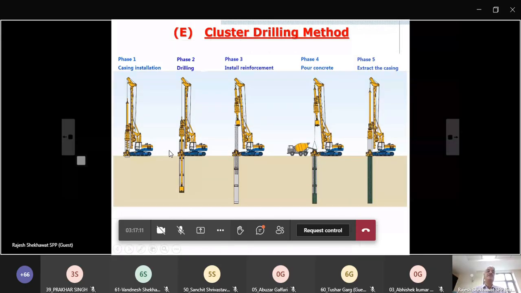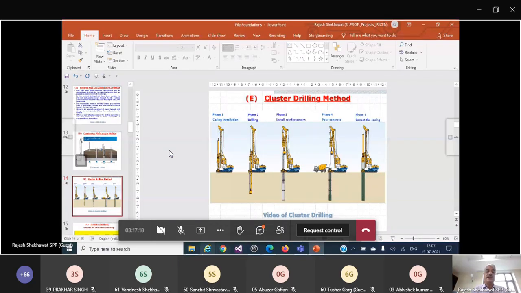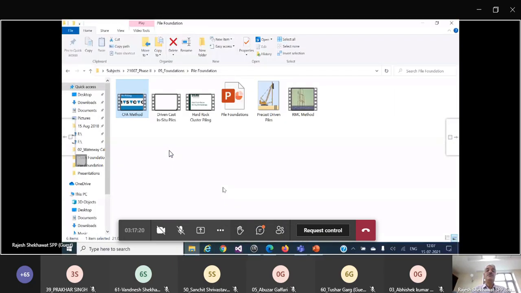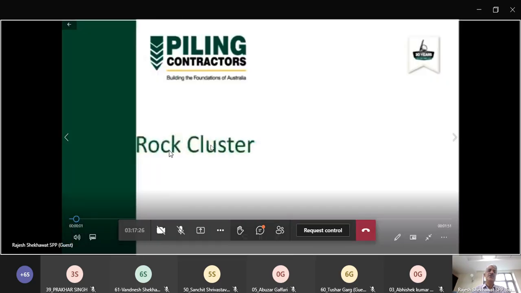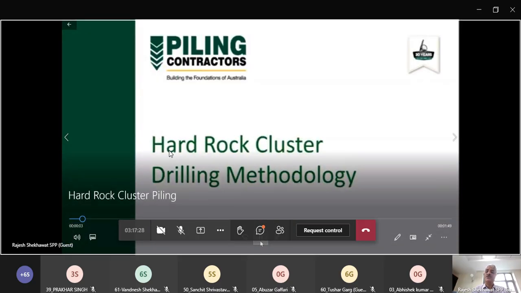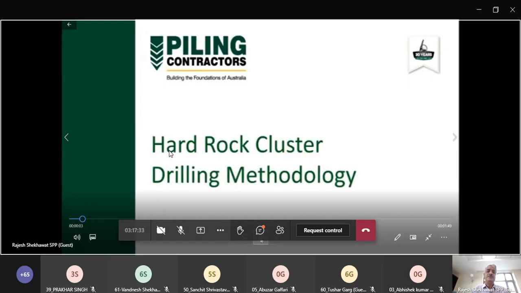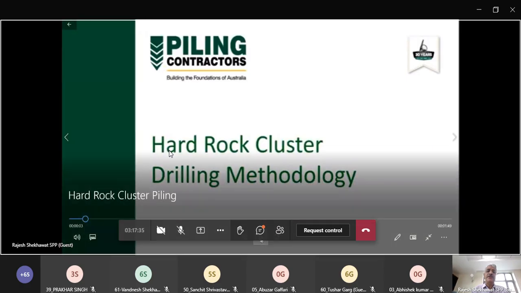The only difference is this drilling methodology, which uses a cluster hammer. This is the video of using cluster. In all metros where they do piling, you will find mostly they are doing this. Get the video and hear the sound.